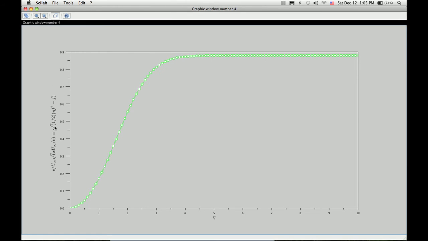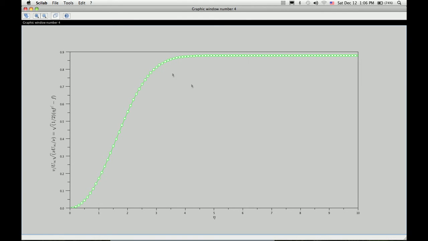We get this, and this boils down to something like u infinity into x u infinity by nu, and this is my eta at the horizontal axis.